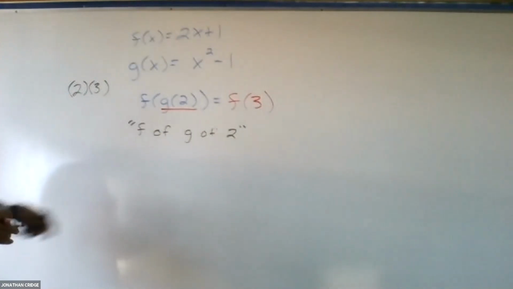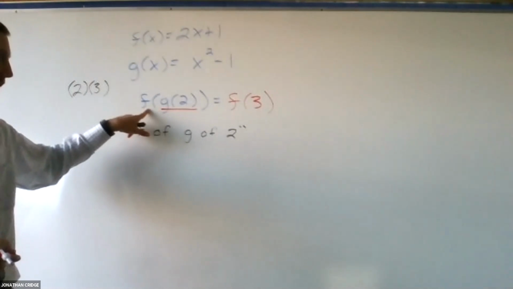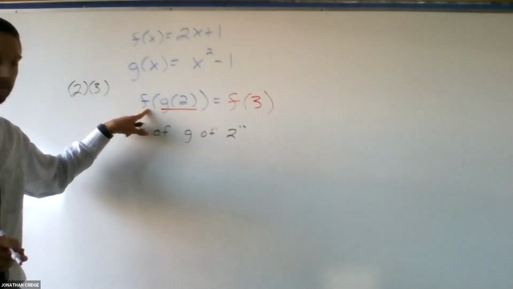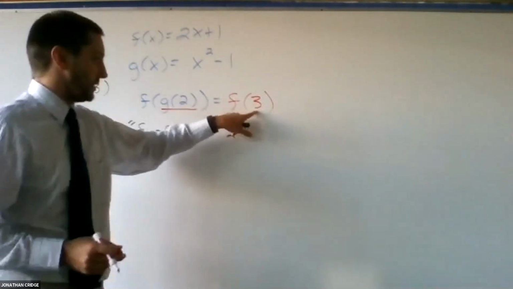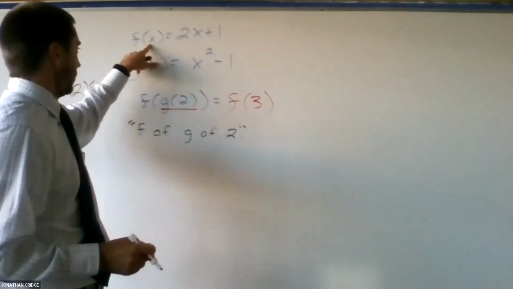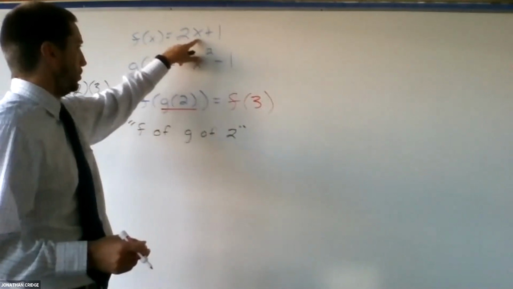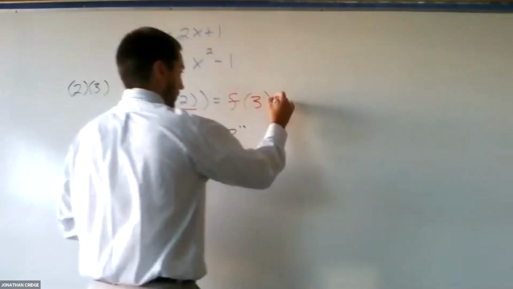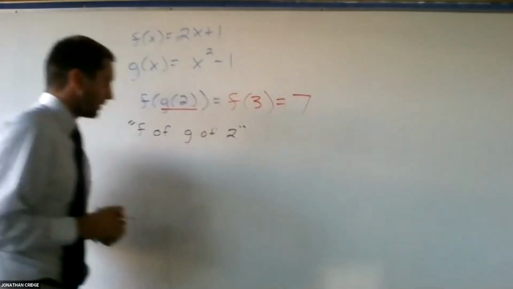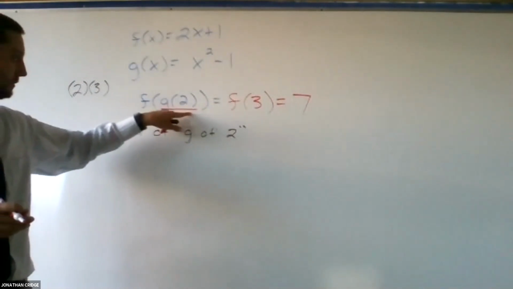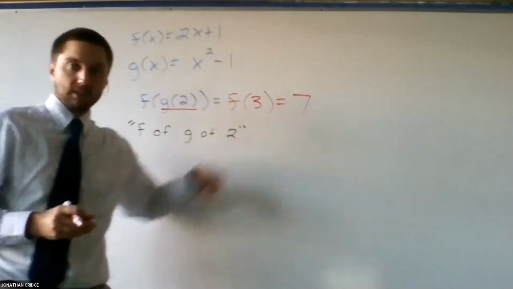Okay, so now, since g of 2 is 3, I'm really just trying to figure out what is f of 3. All right, well, f of 3 means take 3 as an input and plug it into my f function. So 2 times 3 is 6, plus 1 is 7. So that means f of g of 2 is equal to 7.